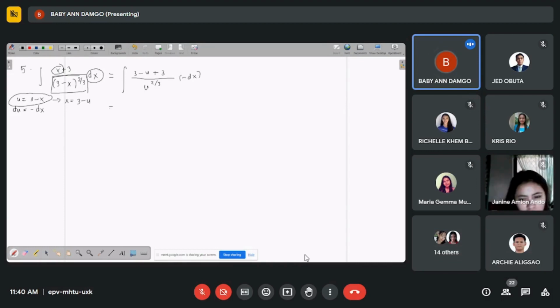So, simplify, we have 6 minus u all over u to the power of 2/3, and then we have negative du. Since the du is negative, we multiply it here, which is equal to u minus 6 all over u to the power of 2 over 3 du.